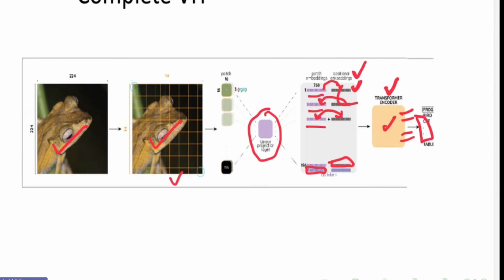Give it to one more fully connected layer, which will do the classification and give you the probability values. If you have 10 classes, it will project to 10 values, and you will get all those 10 probability values. Then you can find the loss and do the backpropagation. So at the end, you can do the classification.